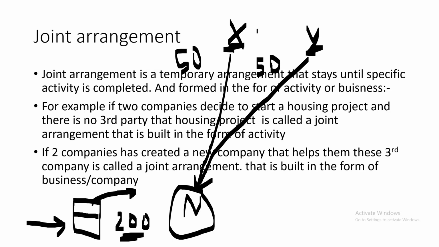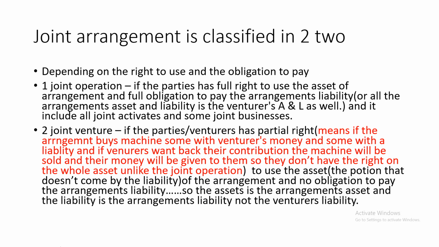But this time they can take their money back, and the rest, $100, that was brought by the liability, is paid by N, the arrangement.